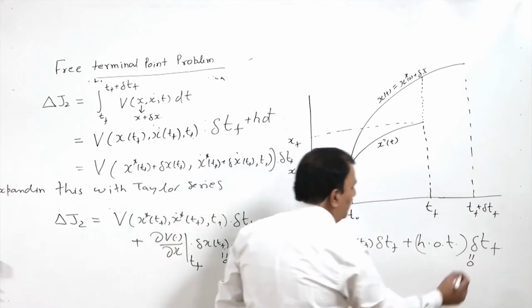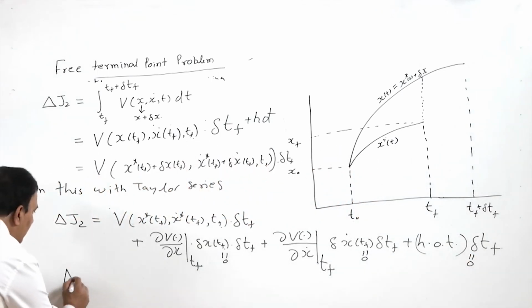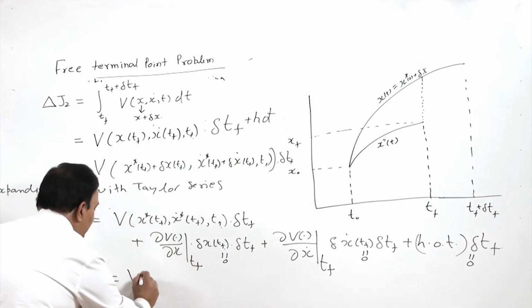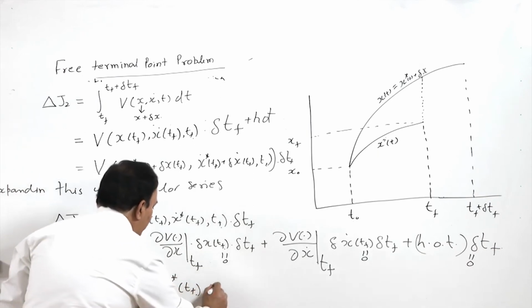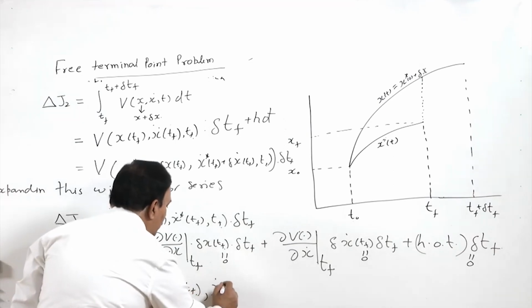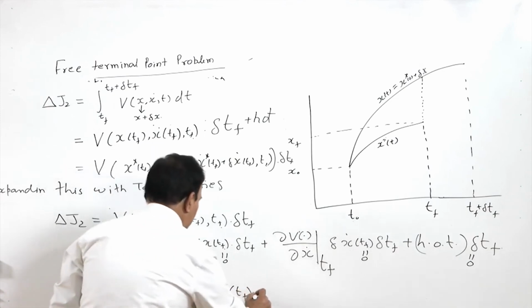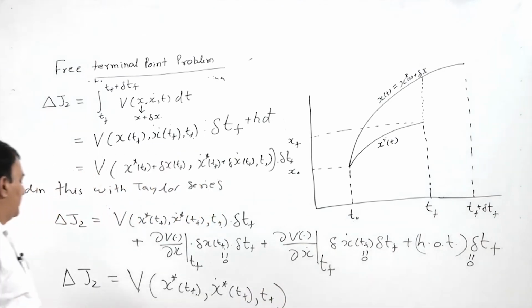So, delta J2 simply can be represented as V of x star of Tf, x dot star of Tf and Tf, times delta Tf. So, we have evaluated delta J1 and delta J2.